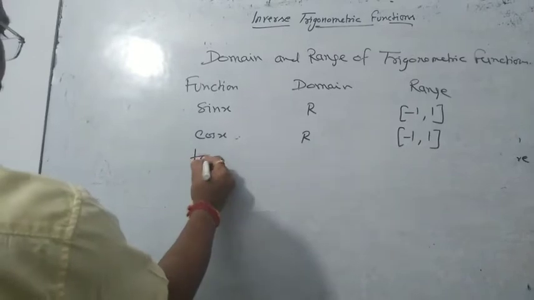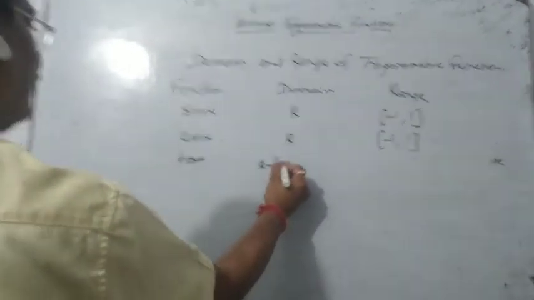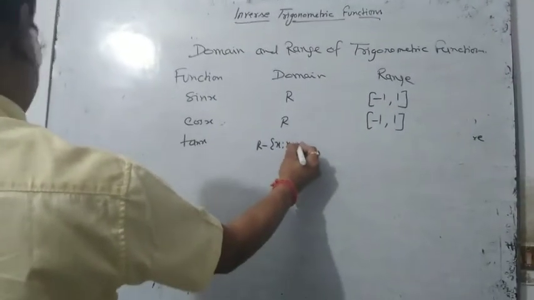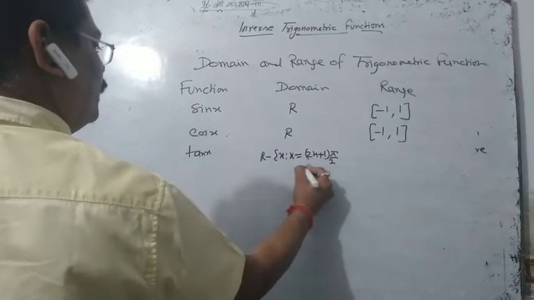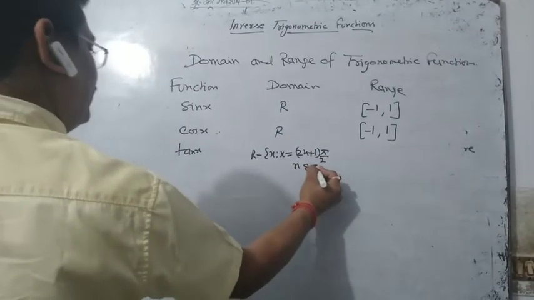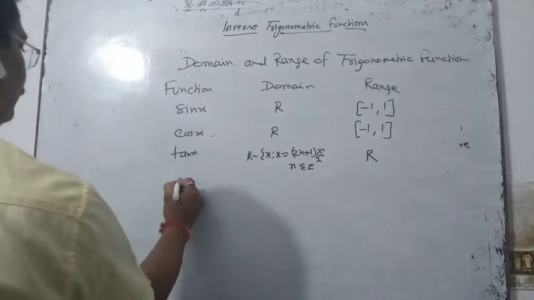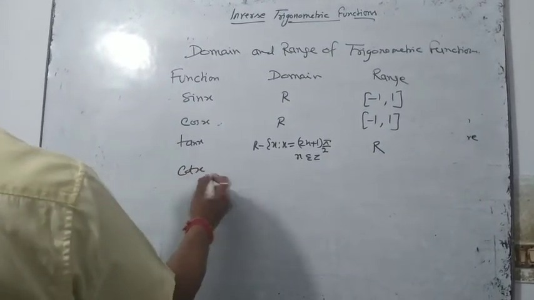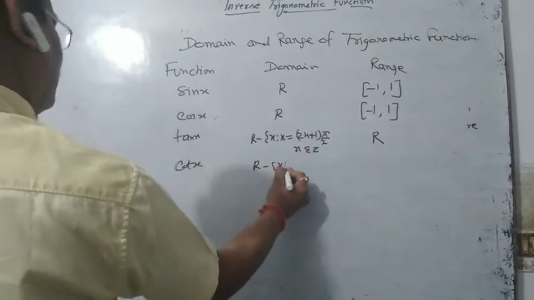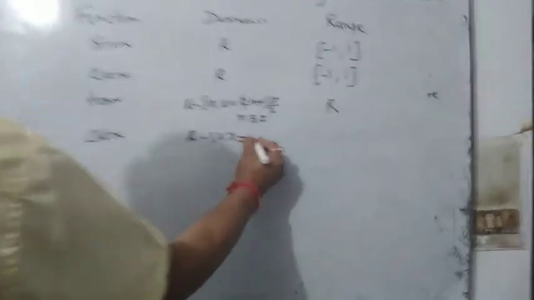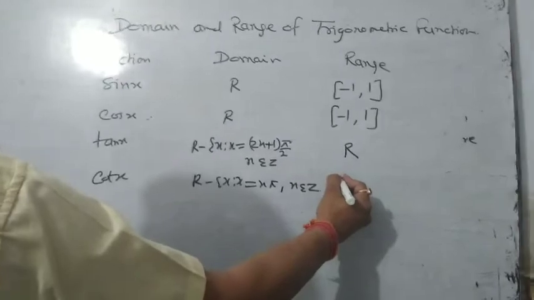Then tan x: domain is R minus {x such that x = (2n+1)π/2, where n is an element of integers}, and range is real. Cot x: R minus {x such that x = nπ, where n is an element of Z}, and range is real.